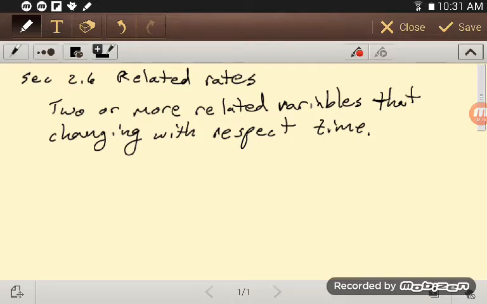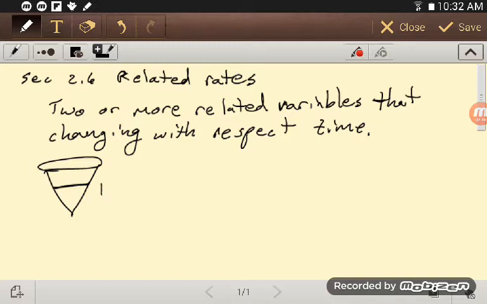But at any rate, in your text, they just look at time, and so their first example is a conical water container or liquid container, and so you have liquid at some height.